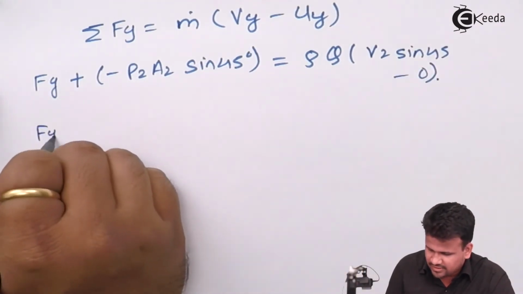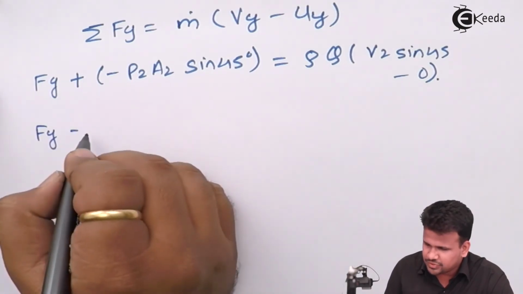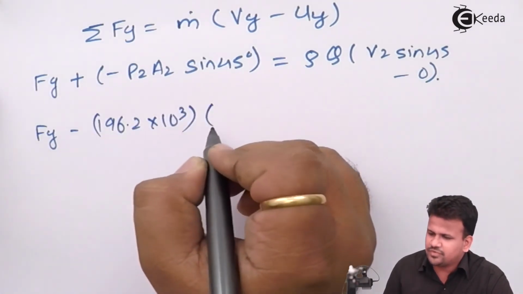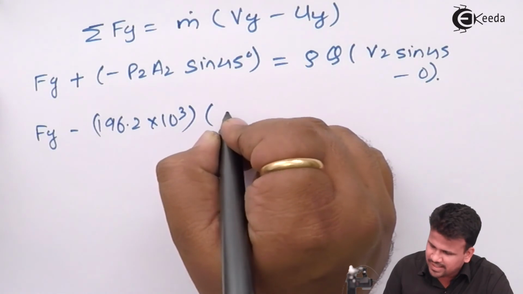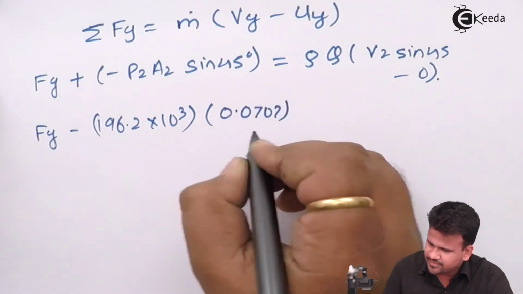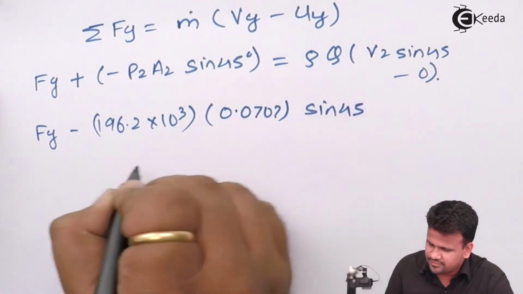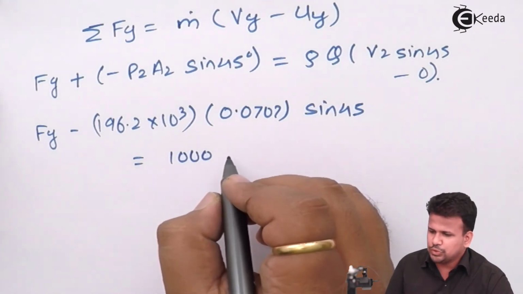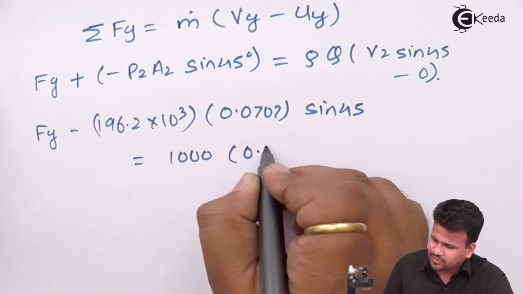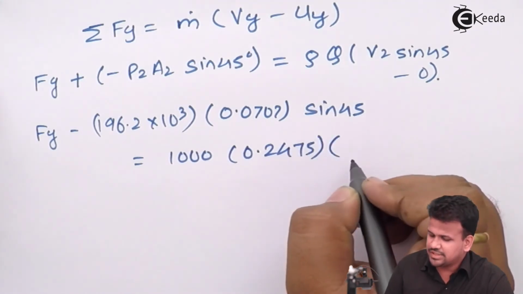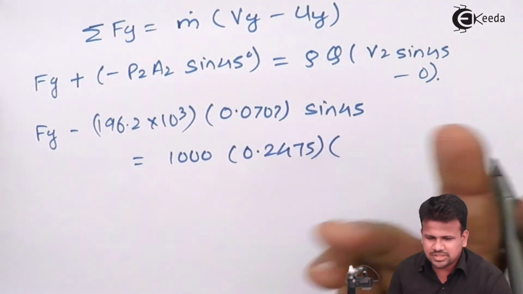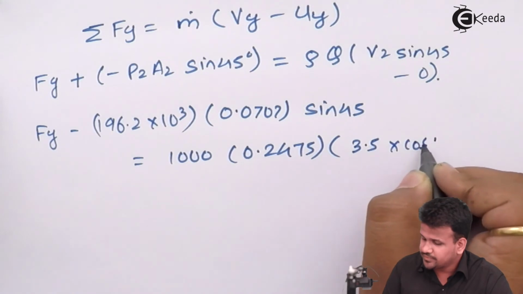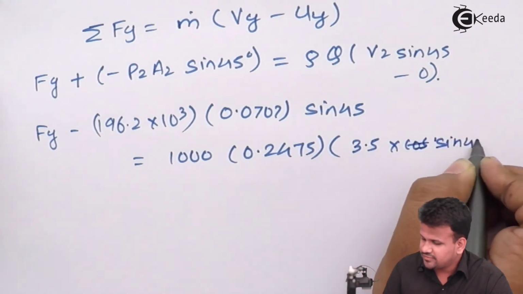So this is Fy minus the pressure over here, which is 196.2 into 10 to the power 3, times the area of cross section, which we have initially calculated as 0.0707, into sine of 45, which is equal to 1000 into Q, that is 0.2475, which we have initially calculated, and the value of V2, which is equal to V1, that is 3.5 into sine of 45.